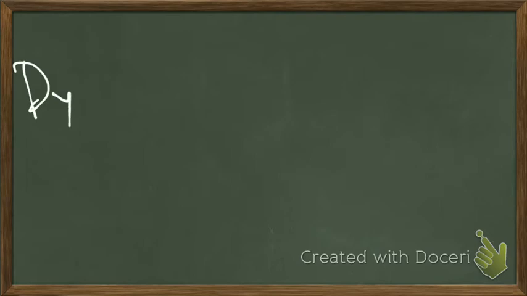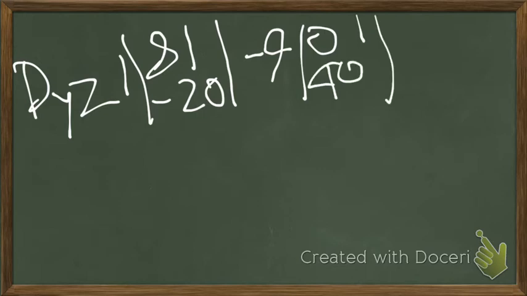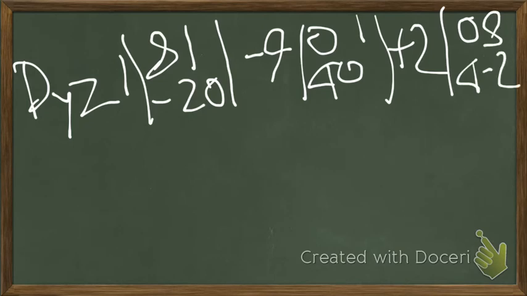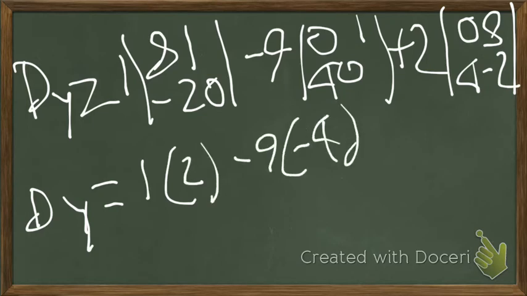So you have dy equals 1 times 8, 1, negative 2, 0, minus 9 times 0, 1, 4, 0, plus 2 times 0, 8, 4, negative 2. And you have dy equals 1 times 2 minus 9 times negative 4 plus 2 times negative 32.